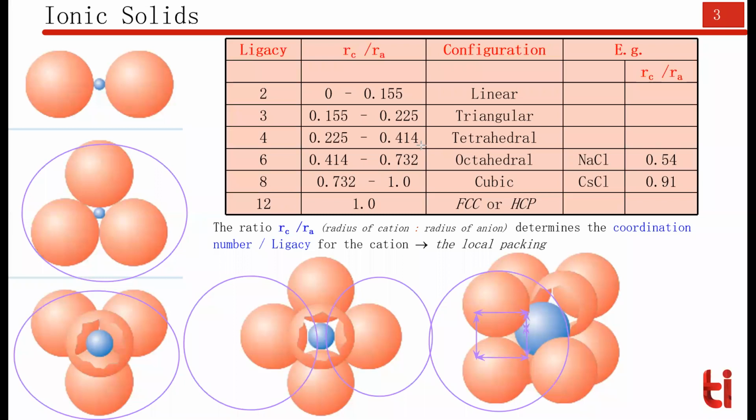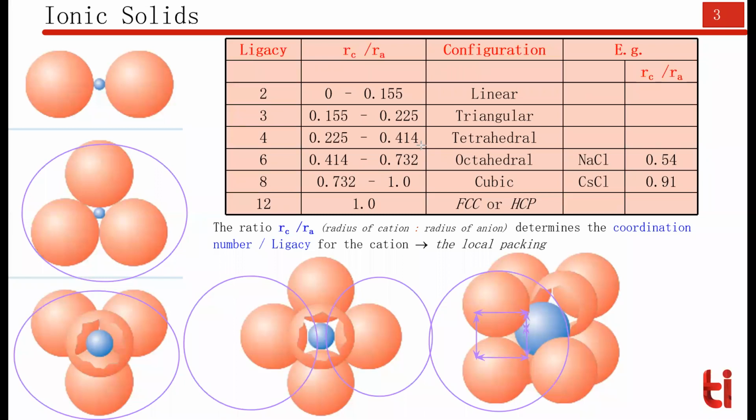That means you have 8 atoms surrounding your valley. This is typically true in the body-centered configuration, where the center of the body is surrounded by 8 corner sites. In this case, the configuration is referred to as the cubic configuration because your valley lies in the middle of the cube and the coordination is with the corners. In this case, your radius ratio ranges from 0.73 to 1.